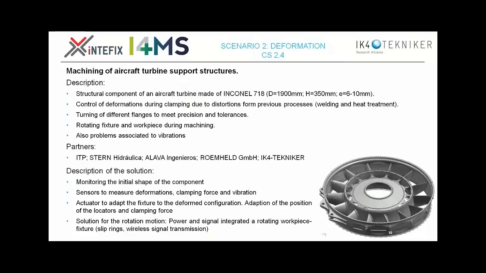So the power and the signal transmission for the sensors and actuators should be made in a rotating system. So we have to use slip rings or whatever for the power transmission, or wireless signals for the sensor measurements and so on, and control cycles.